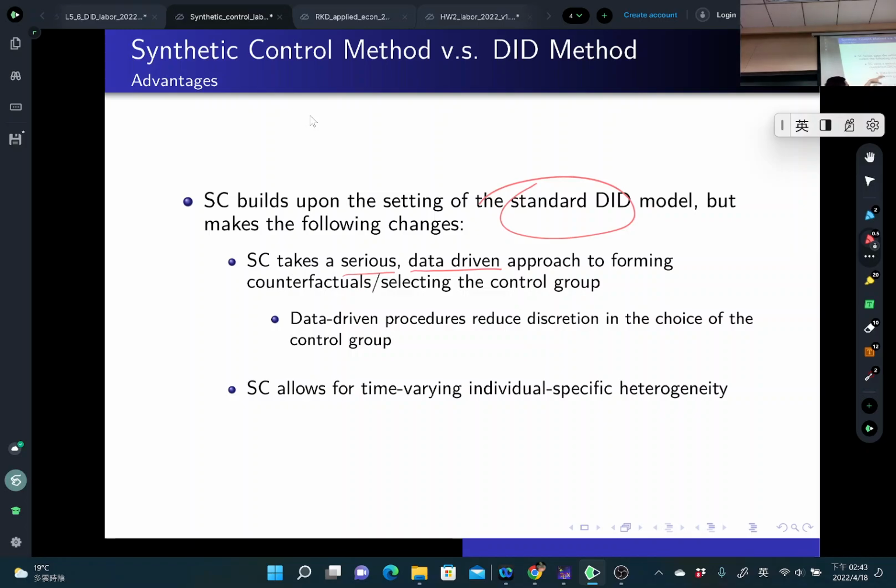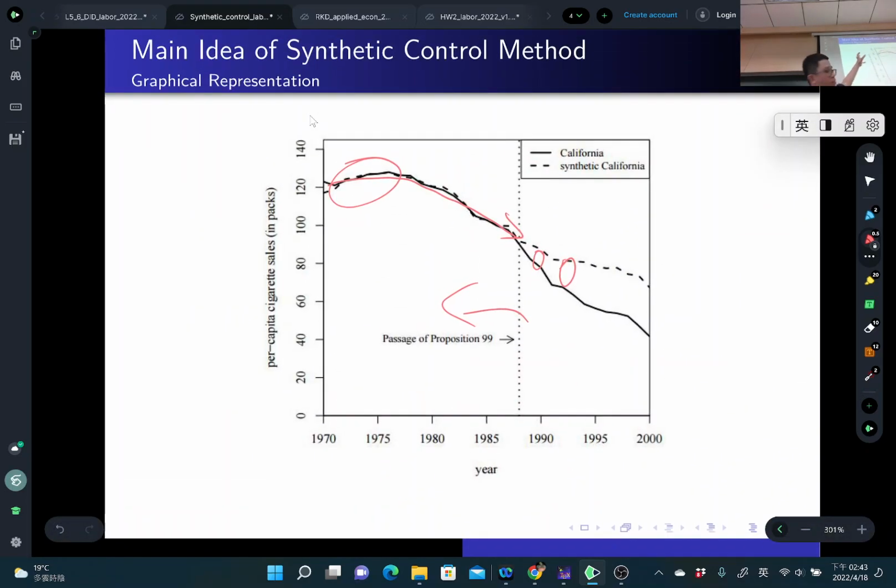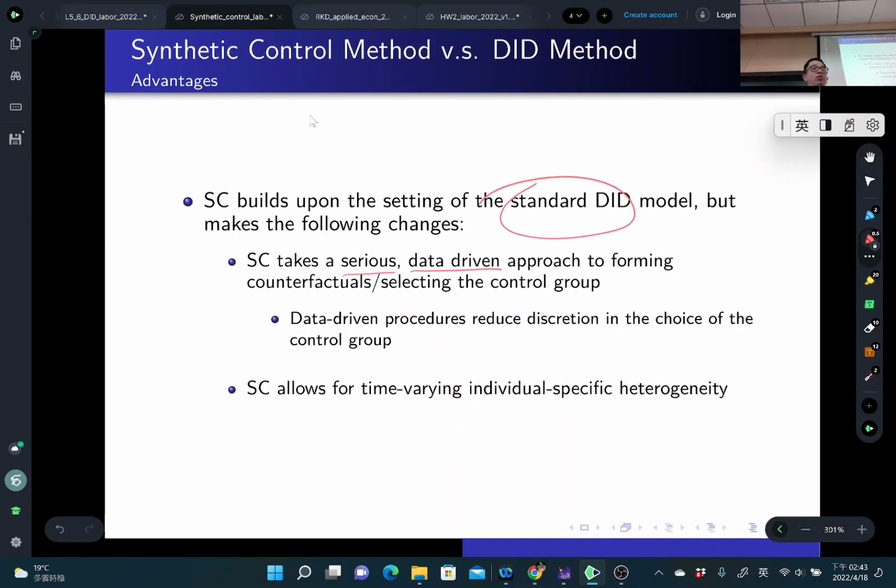And this data-driven procedure will reduce the manipulation of the choice of the control group. So now you just put all the US states into the data, and the algorithm will directly help you to select who gets higher weight, who gets lower weight, instead of the researcher deciding who becomes the control group and who does not. Okay. So it's more objective.